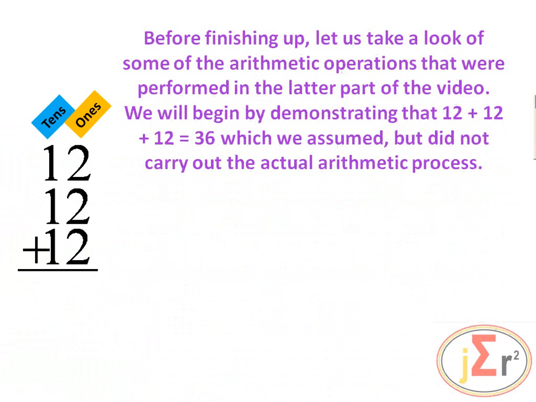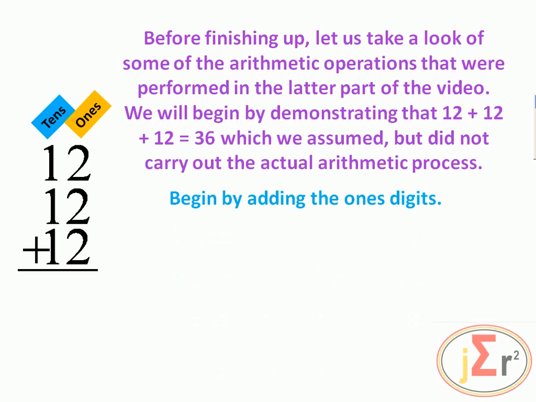Before finishing up, let us take a look at some of the arithmetic operations that were performed in the latter part of the video presentation. We will begin by demonstrating that 12 plus 12 plus 12 is equal to 36, which we assumed but did not carry out the actual arithmetic process to prove.